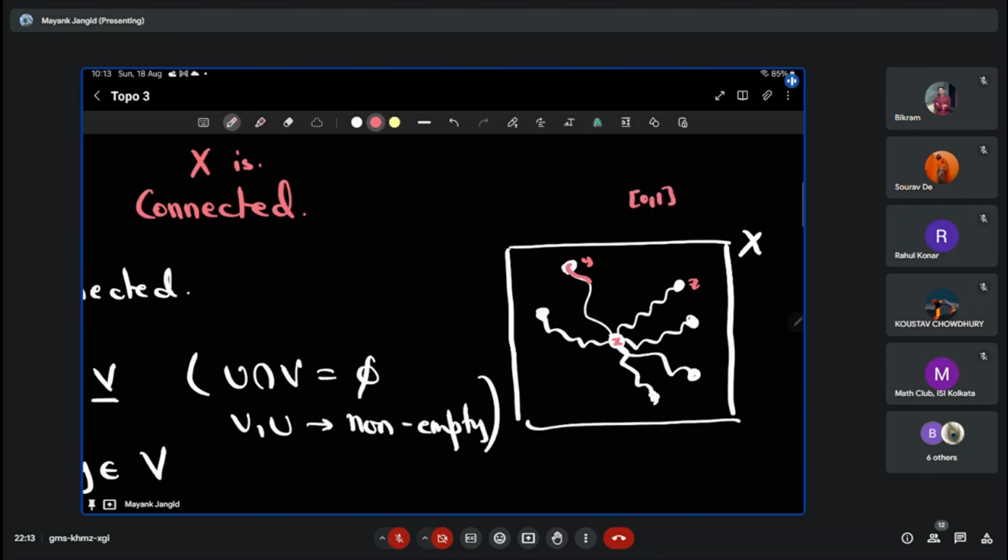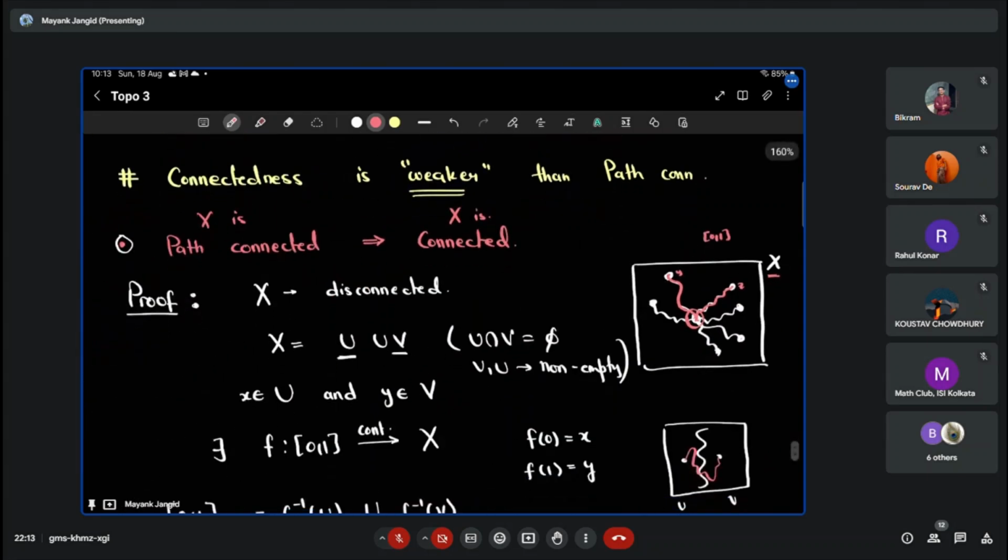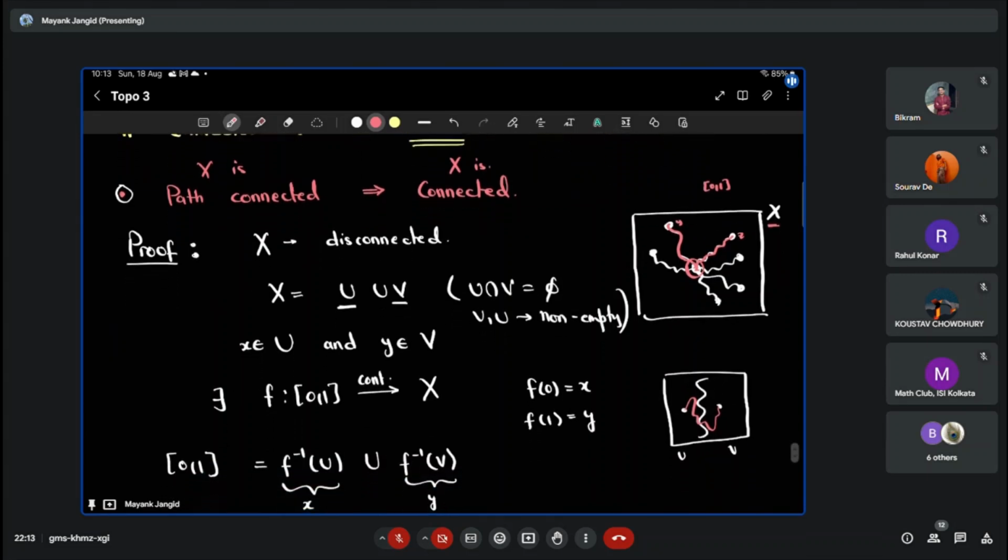Therefore, this image itself is a connected subset of x, and all of these connected subsets have this point x lying in their intersection. And the union of all these images is obviously x, so x must be connected. So just a visual way to think about it, nothing else. So is the proof clear to everyone?